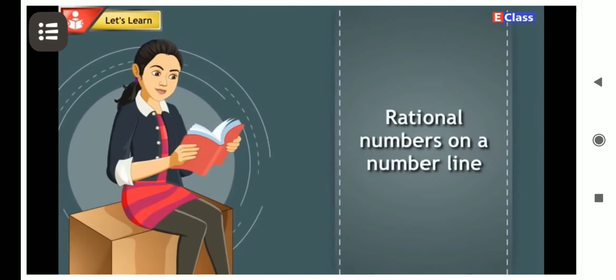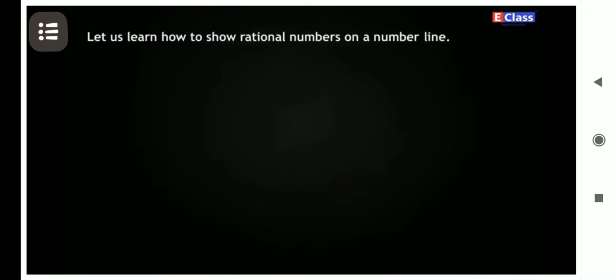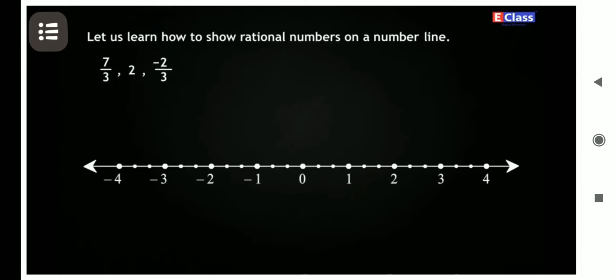Let us learn how to show rational numbers on a number line. Let us see 7 upon 3, 2, minus 2 upon 3 on a number line. First, let us draw a number line. Show the number 0 on a number line. 7 by 3 is equal to 7 multiplied by 1 by 3.